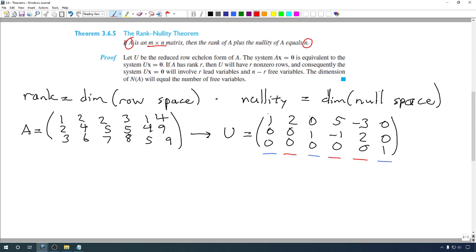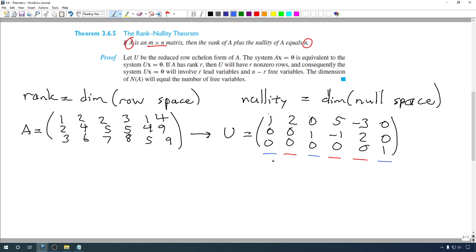Now, if we want to talk about the rank, we're talking about the dimension of the row space. But keep in mind, every basis vector for our row space, once we put it into row echelon form, is going to be a row that actually survives. It's not all zeros. And every single row that survives is going to have a leading 1.